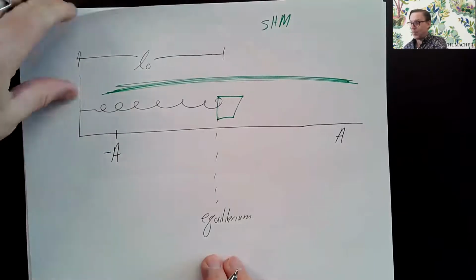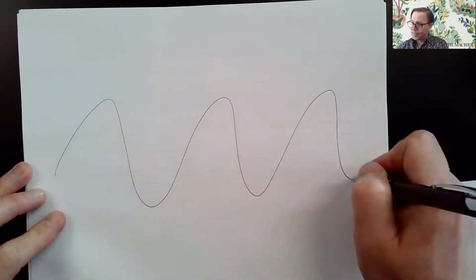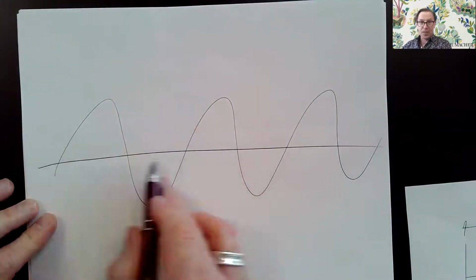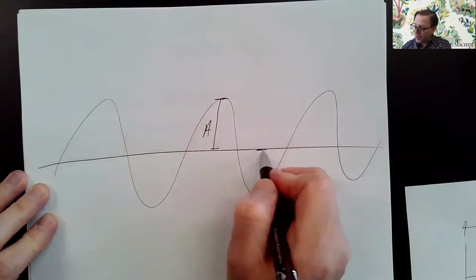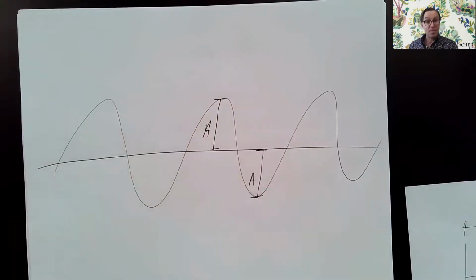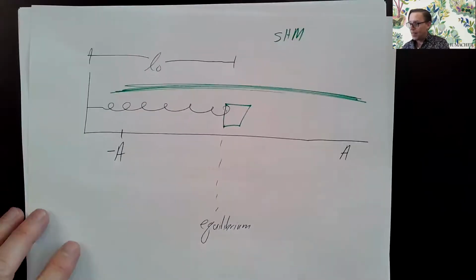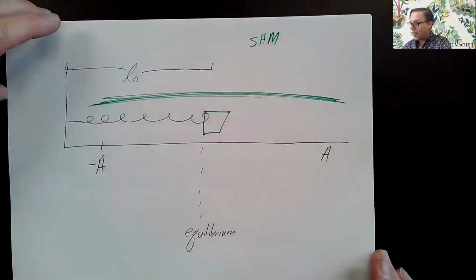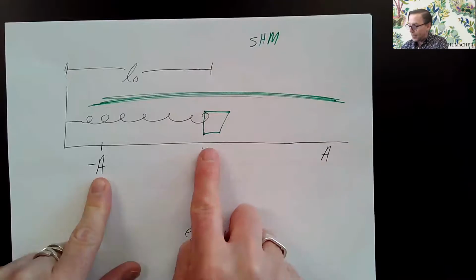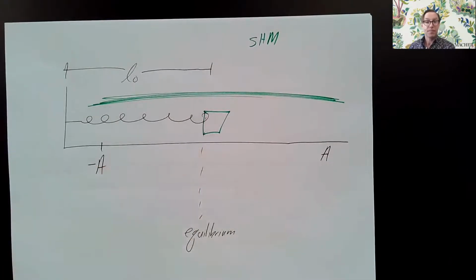Remember in the last video when I showed you a wave like this, and there was an equilibrium, and I called this distance A the amplitude? Well, in a very similar way, this distance on the right and this distance on the left should be the same. And they're both the number A. This is a distance positive A to the right. This is a distance negative A to the left. So A does stand for amplitude.